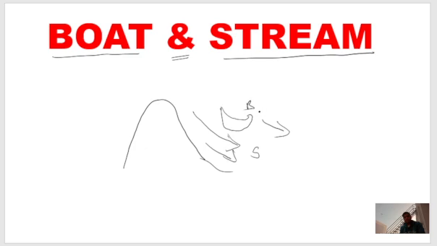If we see, this is a hill and the water is flowing in the downward direction. It means the stream. And if you take one boat and this boat is also going in the downward direction, the direction of the boat and the direction of the water or stream is the same, so it is a downstream.